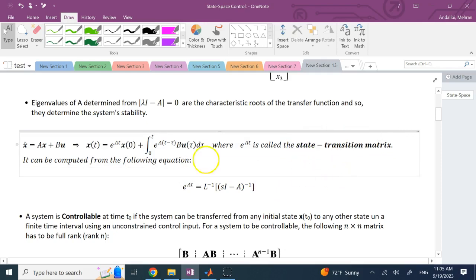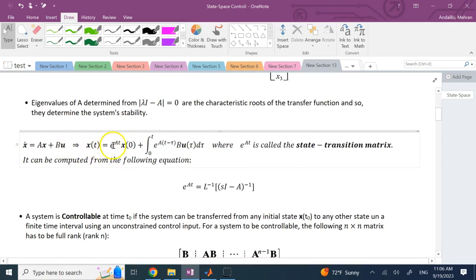What is that? So this dynamic equation, as I said, is a first order ODE. Since A and B, if we assume them to be constant matrices not depending on time because the system is linear time invariant, then we can solve this in general.